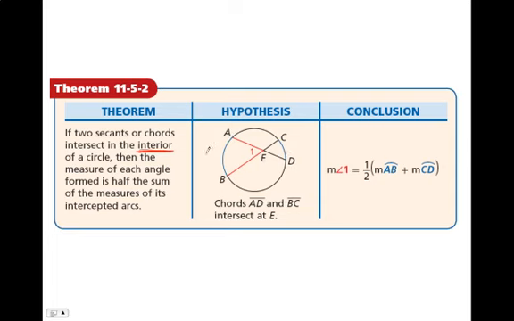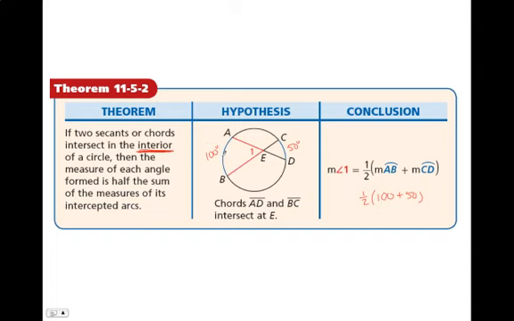So if I know that arc AB is 100 degrees and arc CD is 50 degrees, then the measure of angle 1 would be half of 100 plus 50. So if the two chords or two secants intersect inside of a circle, we add the arcs, divide by 2, and that gives us their angle.